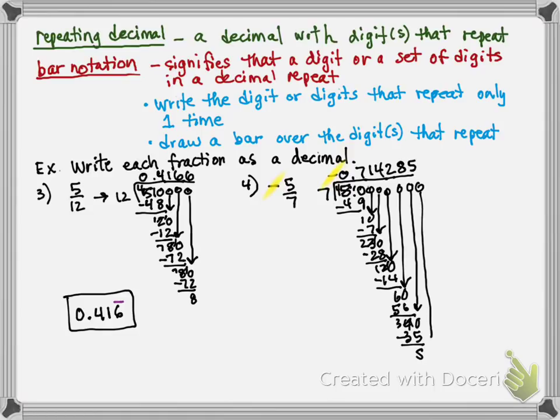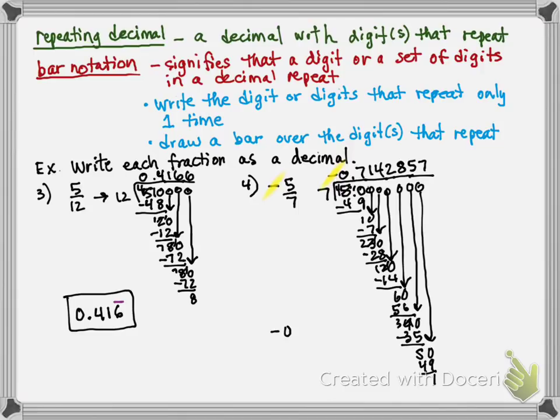Annex another 0. And what you see is we're back to where we started, and we're going to get 7 goes into 50 7 times, and I'm just going to get 714285, 714285, and so on and so forth. So you can see this right here. And it's just going to keep going on. So my answer has a negative sign.